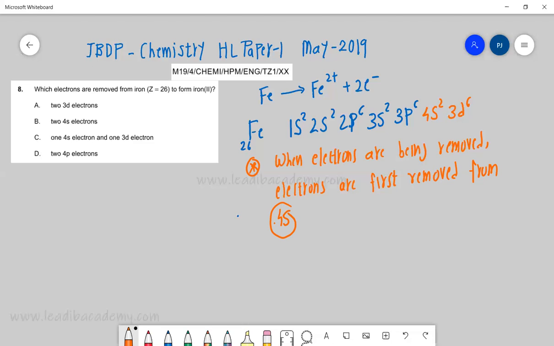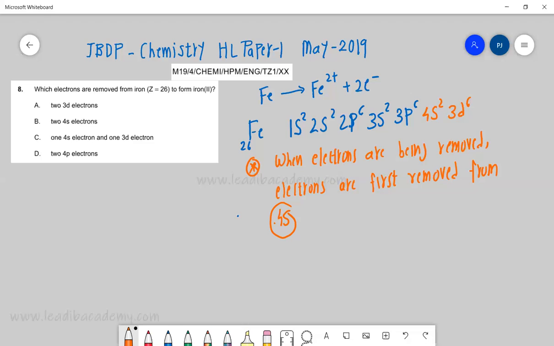Always remember this, especially when we talk about s and d. Even though the 4s orbital is at the lower energy level when it is not filled, after filling up it goes to the higher energy level. That's why, while taking out electrons, they will be removed from 4s.